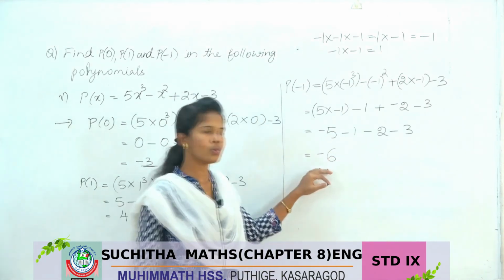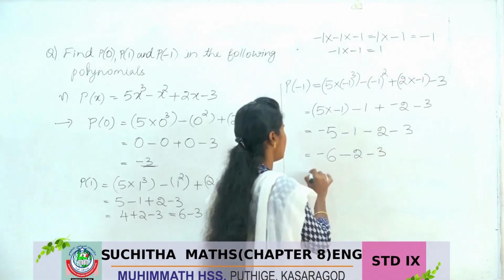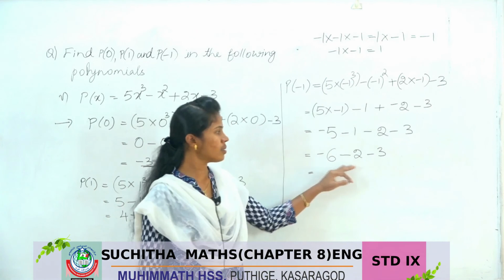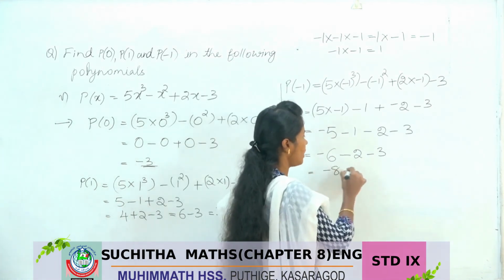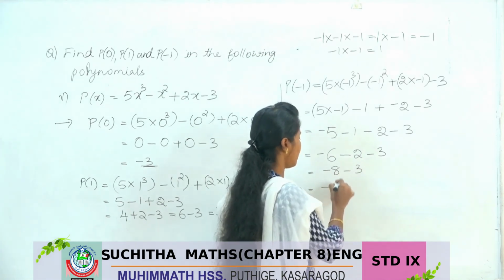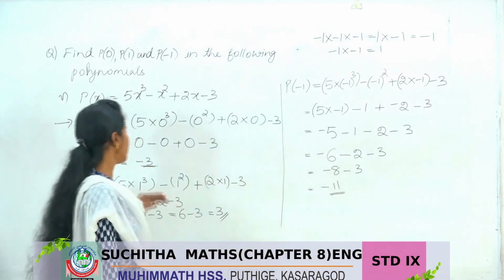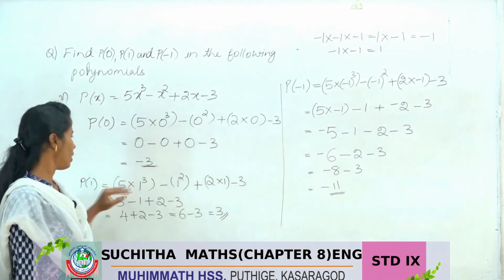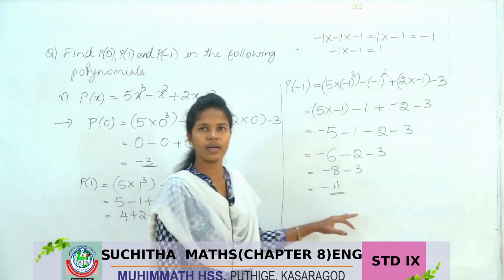So minus 6, minus 2, minus 3. Again minus 6 minus 2 is minus 8, minus 8 minus 3 is minus 11. Understood? So P of 0 is minus 3, P of 1 is 3, P of minus 1 is minus 11.